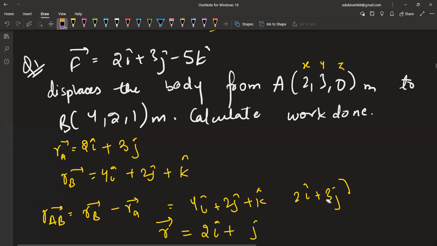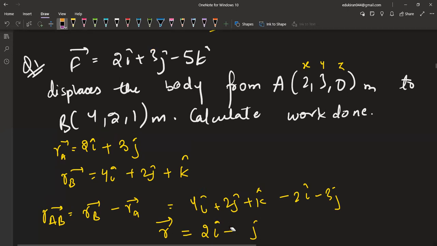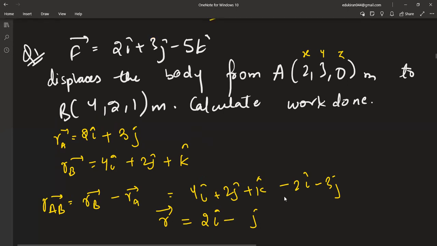So let me write it with the proper signs here. This becomes 4i cap minus 2i cap, that is 2i cap. 2j cap minus 3j cap, this will be minus j cap. And what is left?